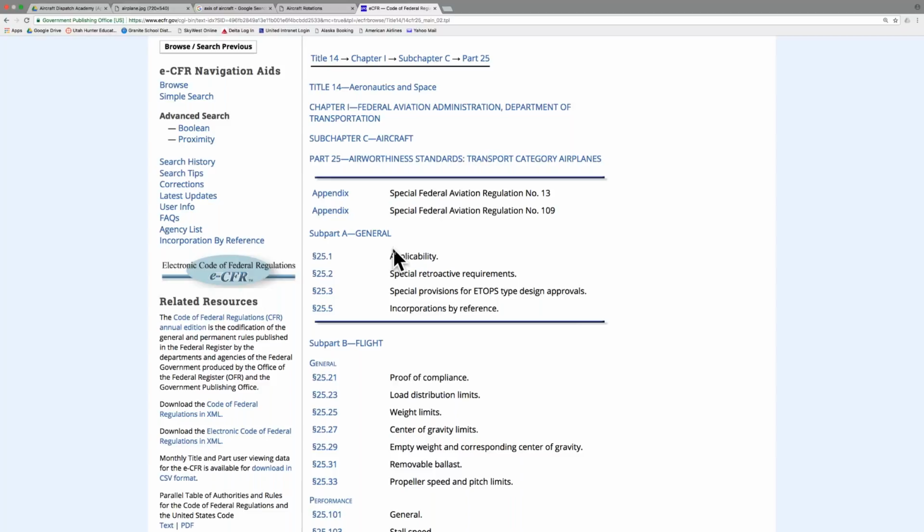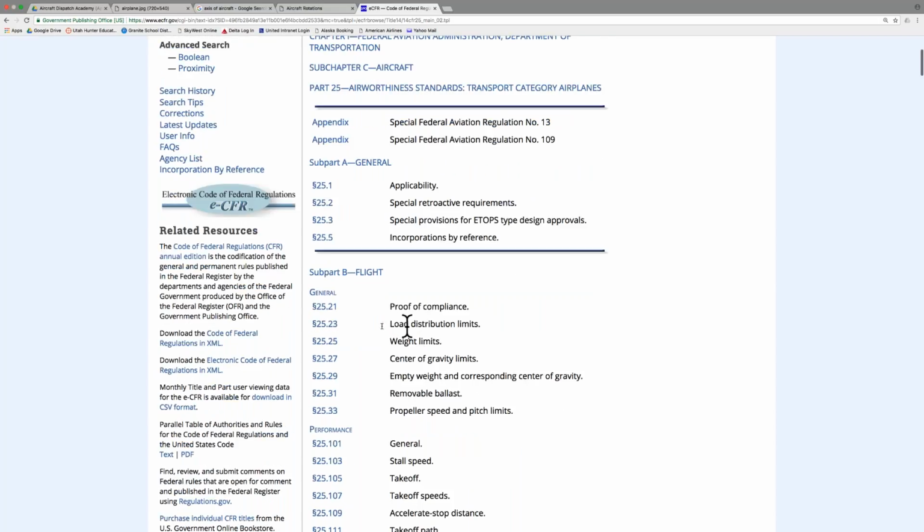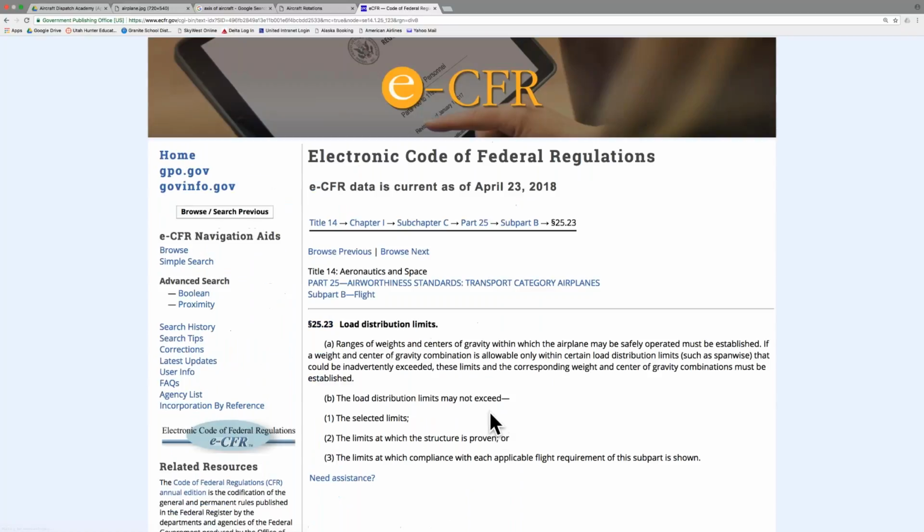Like I said, a lot of our job is looking things up. And to be honest with you, while at work, I've never opened up FAR 25. So just know that this is where we find those different subjects, like these load distribution limits.